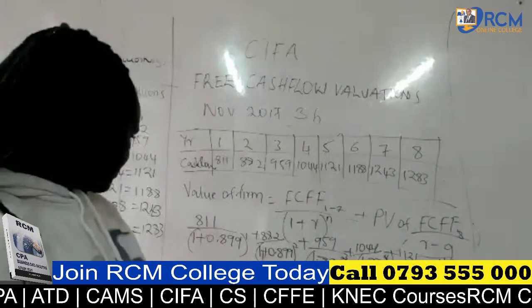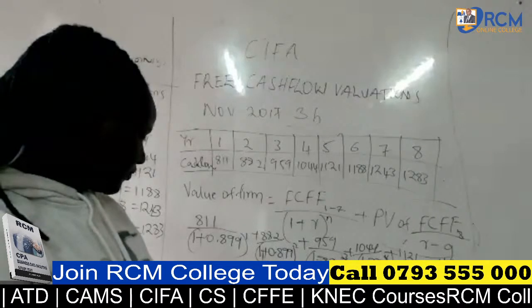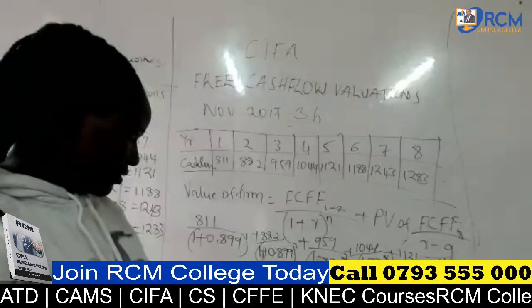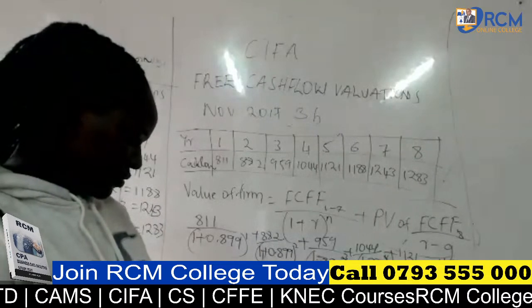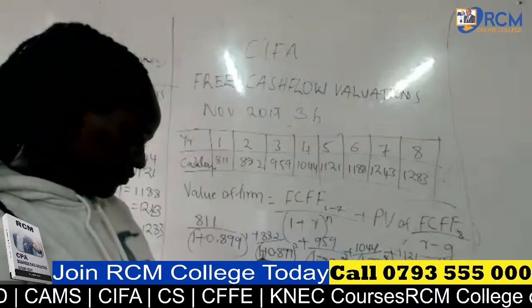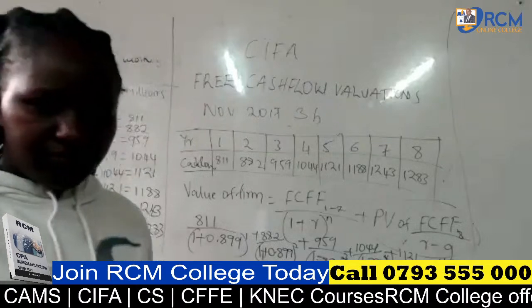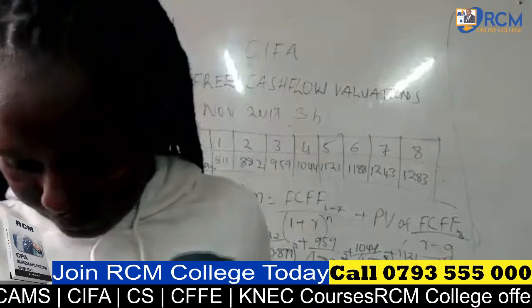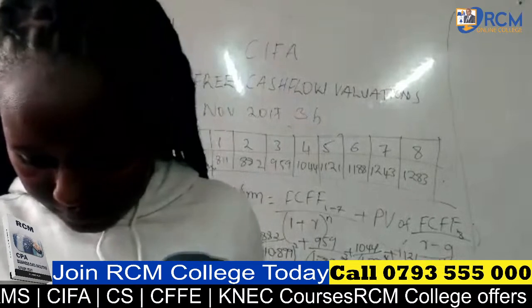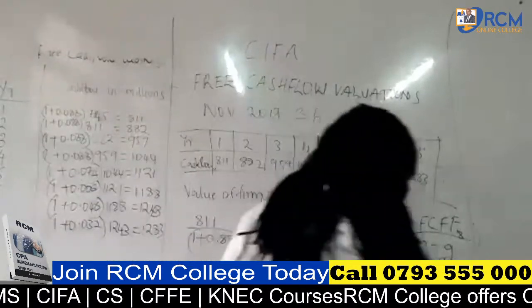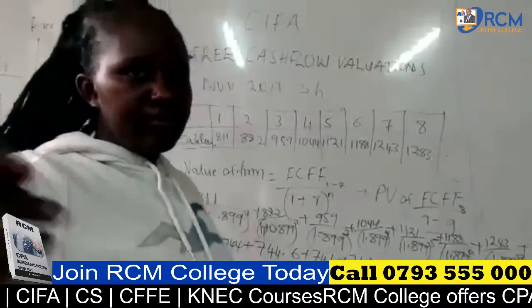How much? The total should be 5093. I'm getting it because of the high growth rate, then the declining.